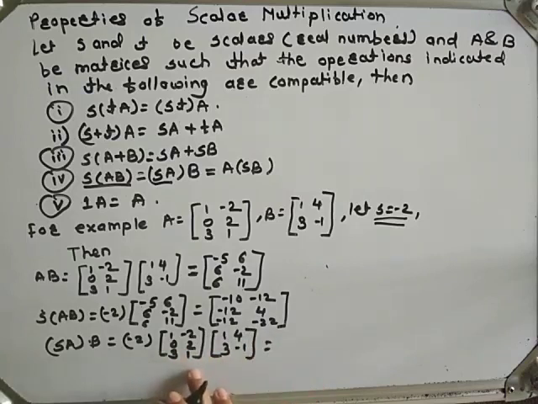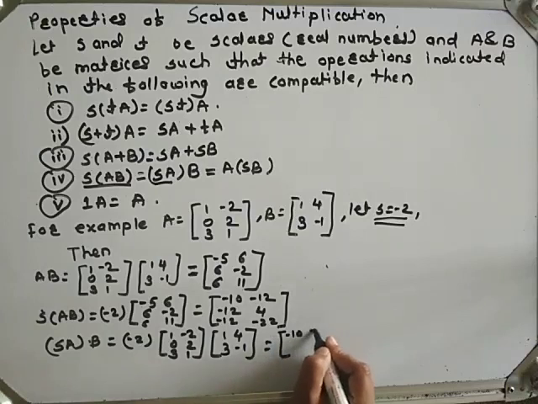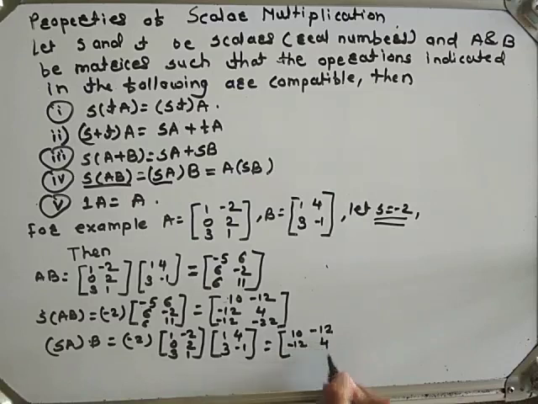After multiplying these matrices, we get [10 -12; -12 4; -12 -22].